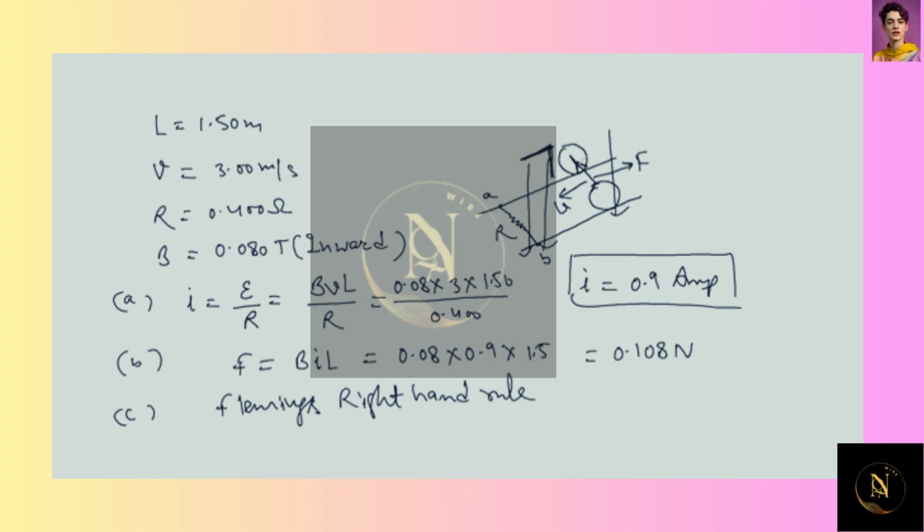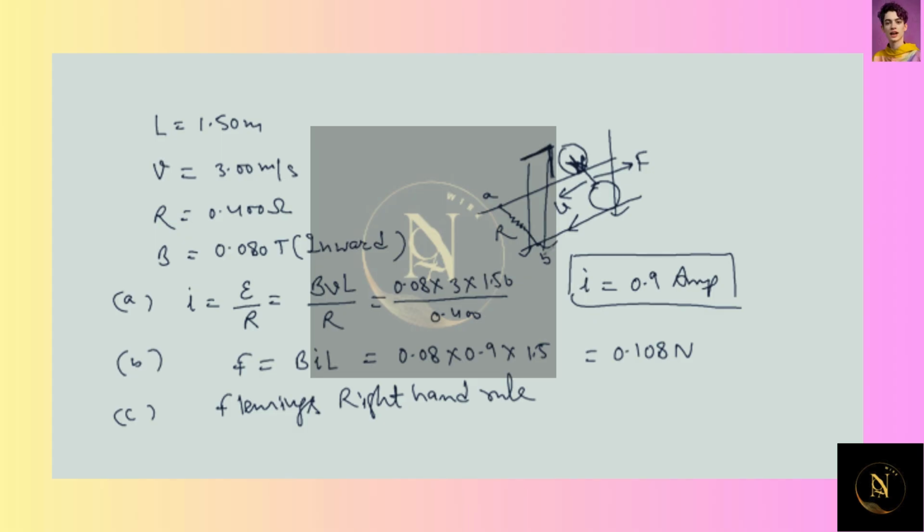So the direction of current in the whole of this loop, using Fleming's right hand rule, will come out to be downward, not upward. This direction is downward from the upper wheel to the lower wheel. So in this circuit, the direction of current will be clockwise.